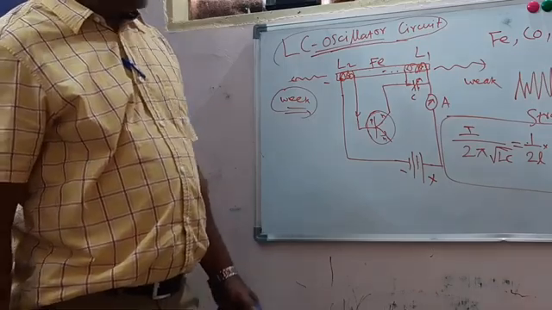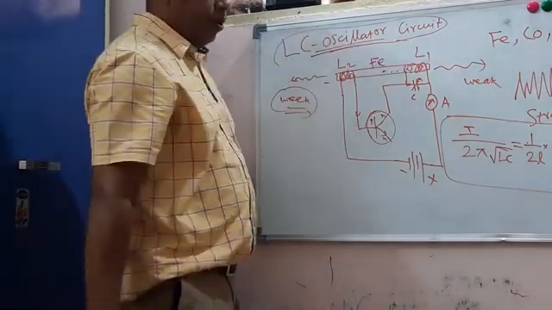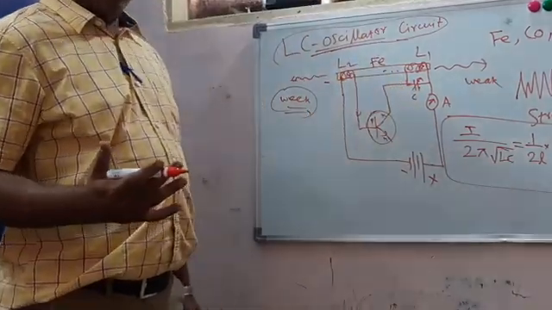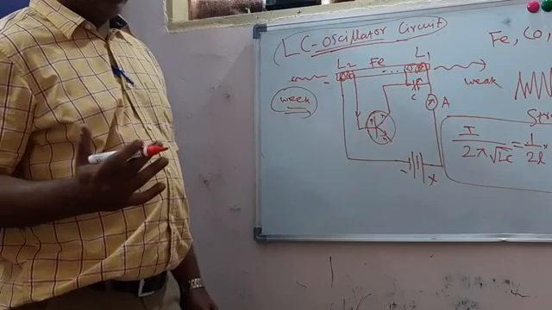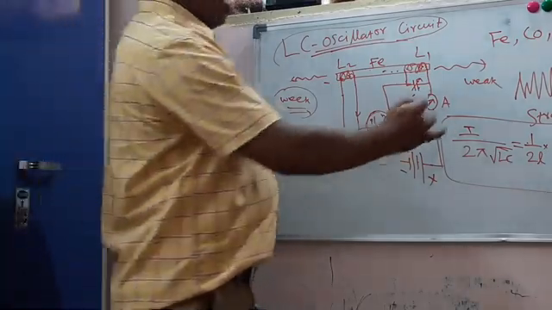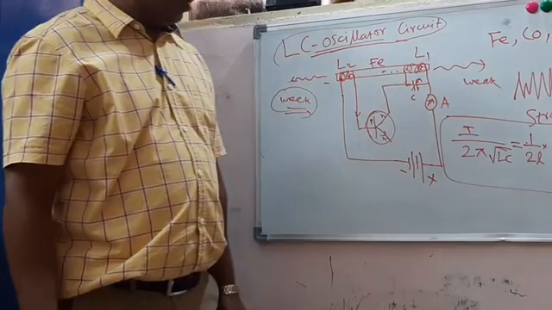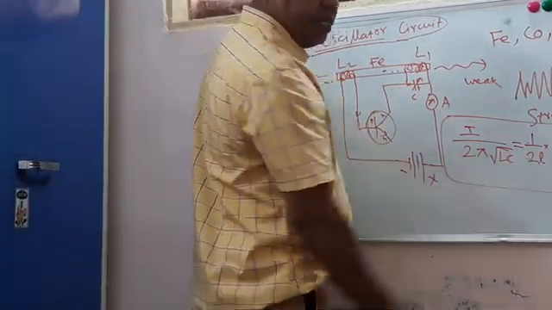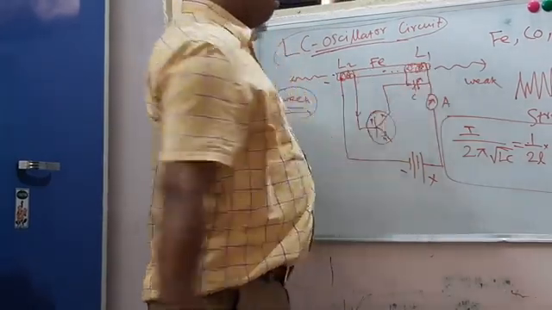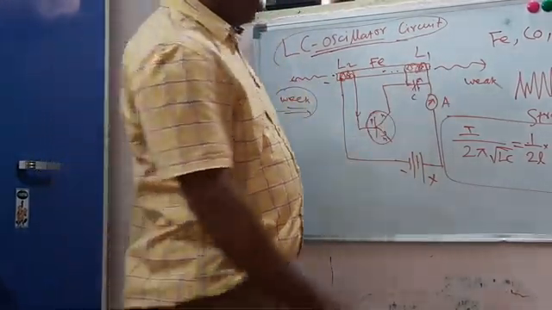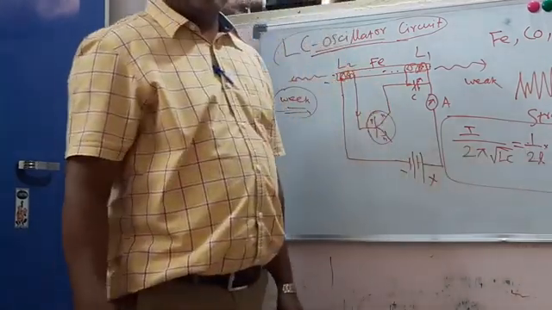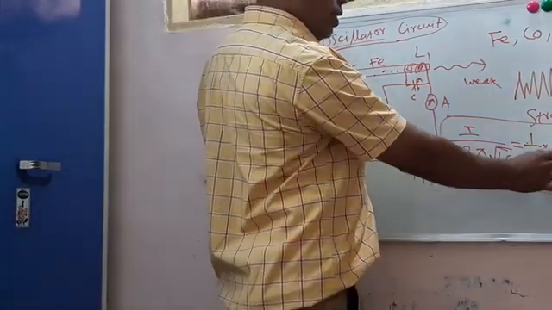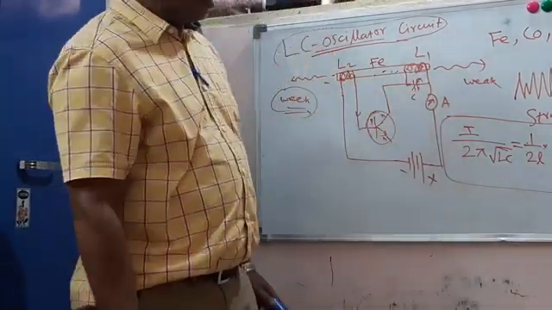So by matching the LC oscillator circuit frequency with the material's intrinsic magnetostriction nature, one can get high amplitude ultrasonic frequency signals. Here, L is the length of the ferromagnetic rod, Y is Young's modulus of the material, and rho is the density of the material.